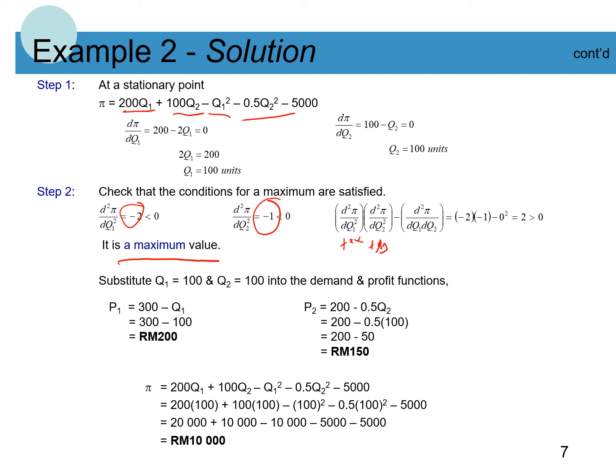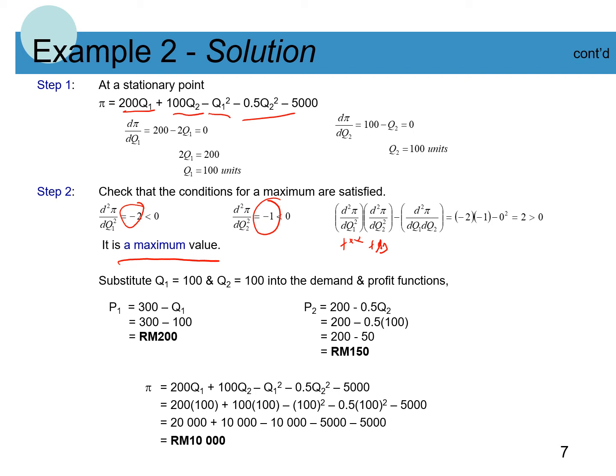Okay, then we substitute Q1 equal to 100 and Q2 equal to 100 into the demand and profit functions. Therefore, P1 equal to 300 minus Q1, so 300 minus 100 is equal to 200. Then P2 is 200 minus 0.5 Q2, so we have 200 minus 0.5 times 100, that is 200 minus 50, then we have 150 ringgit.